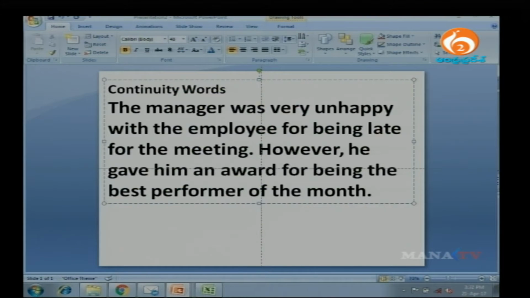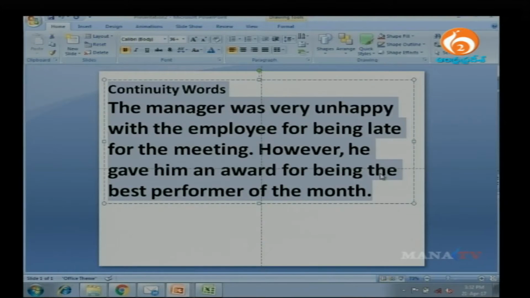However, he gave him an award for being the best performer of the month. The manager was only unhappy because of the meeting. He did not reach on time. Bad. However, he gave an award because he is the best performer for the month, which is good. So basically, I am taking a contrarian point of view.